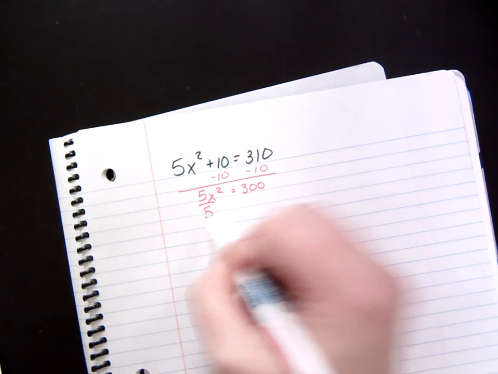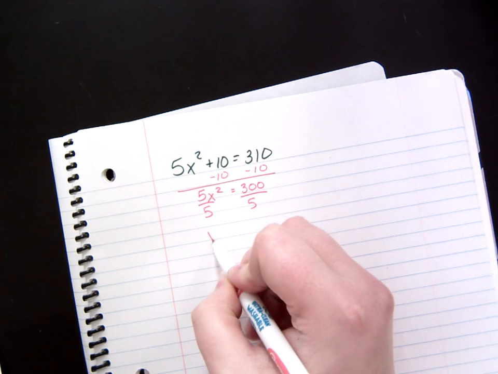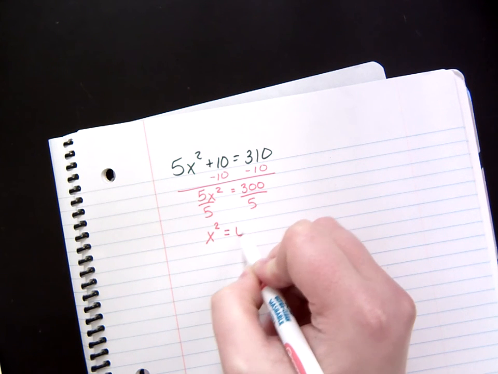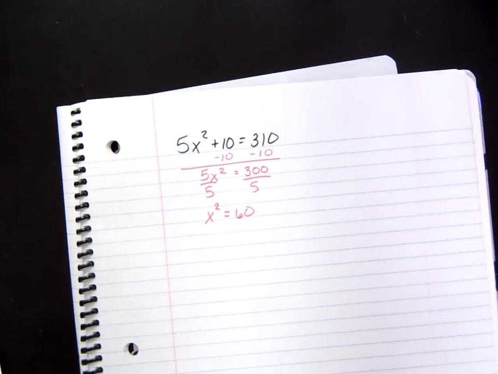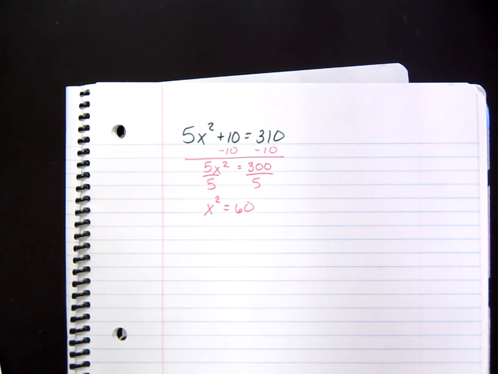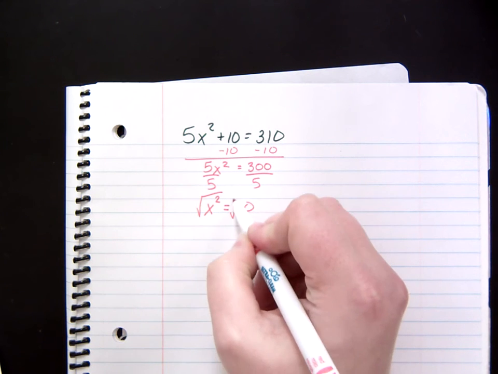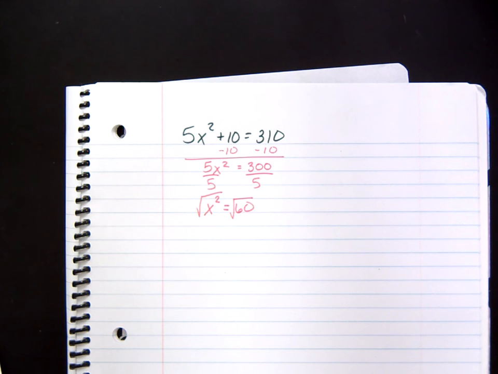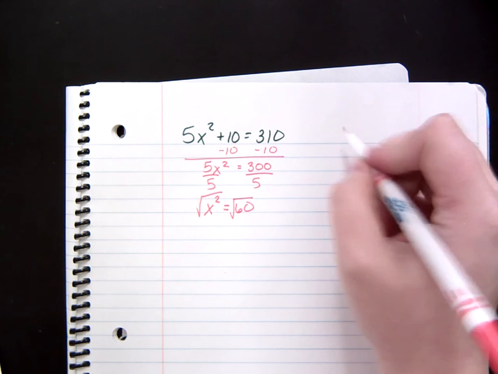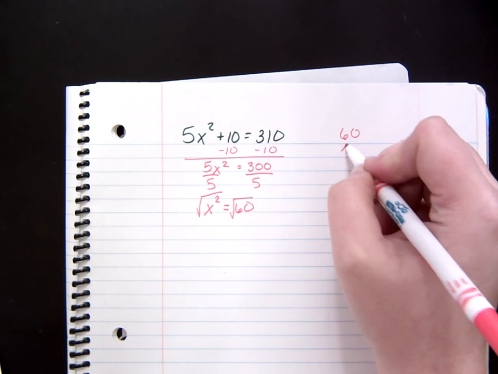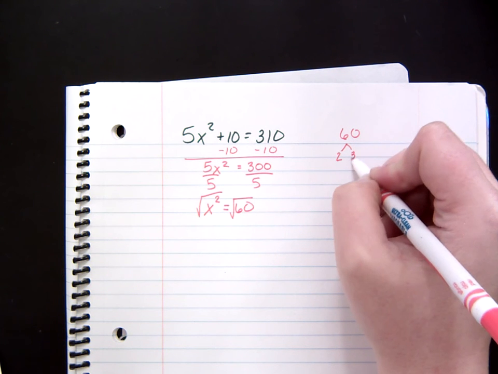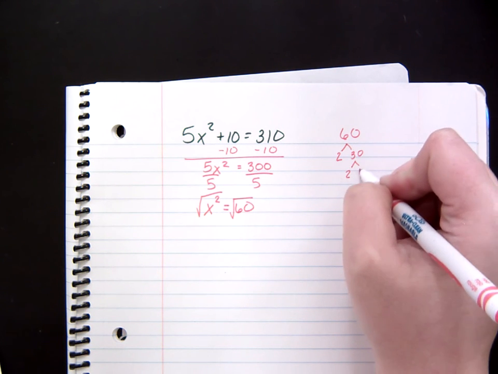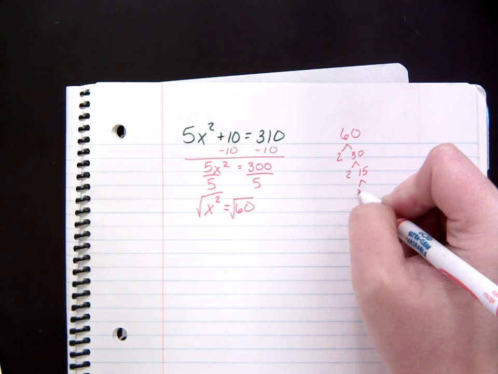Then you divide by 5. You get x squared is equal to 60. Once your x squared is by itself, you can take the square root. Now this one is not equal to a perfect square, so we have to break it down. 60 is 2 times 30, which is 2 times 15, which is 3 times 5.